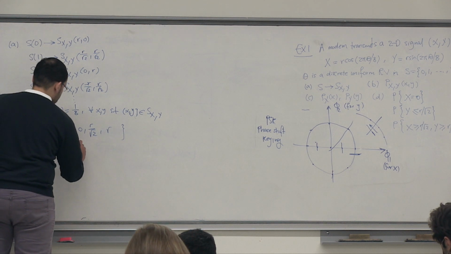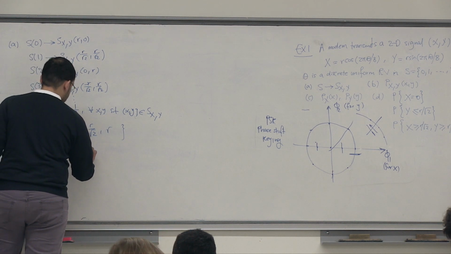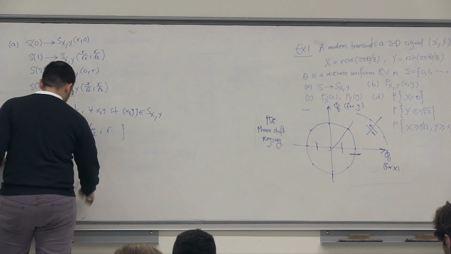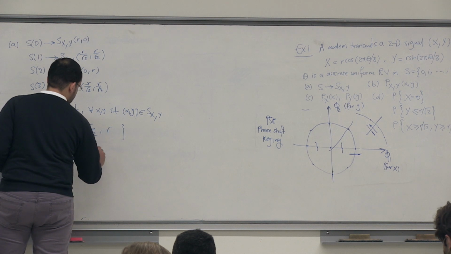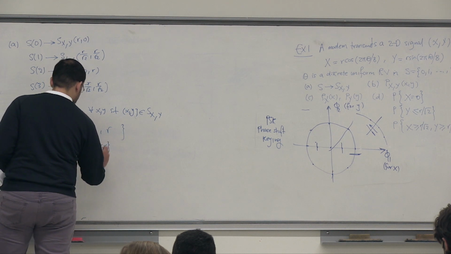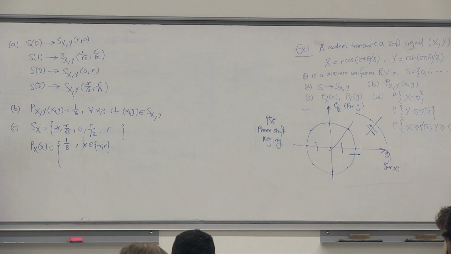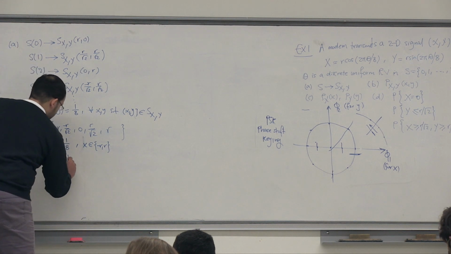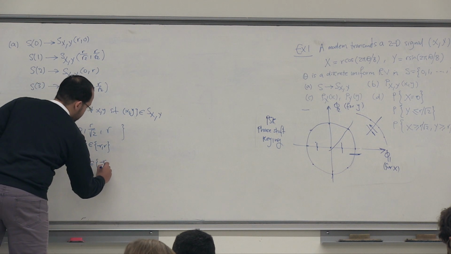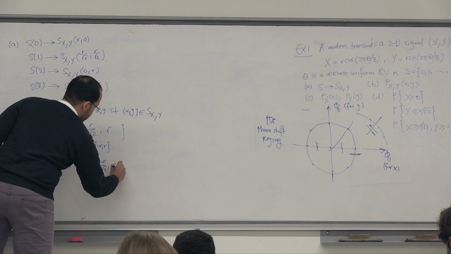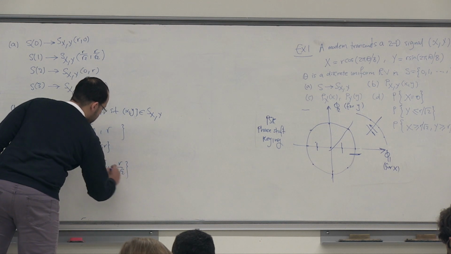So in this case, we could say that X is in minus R and R. How about the 3 other points? Yeah, each one of them is repeated twice, right? So for the other 3 points, it's 2 over 8 or 1 over 4, where X belongs to minus R over square root 2, 0, R over square root 2.